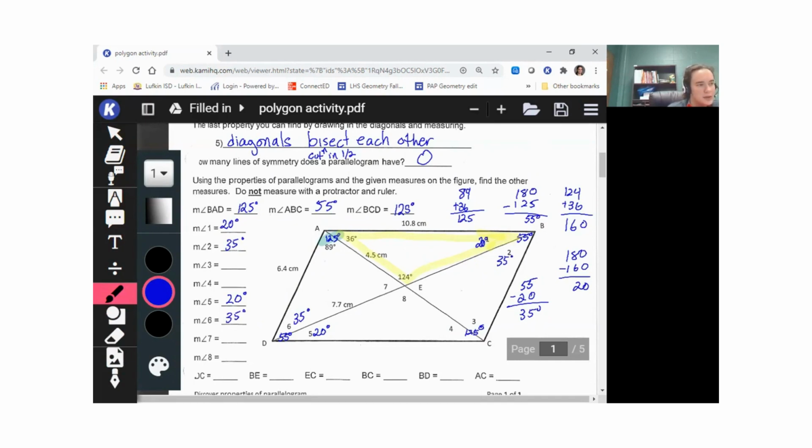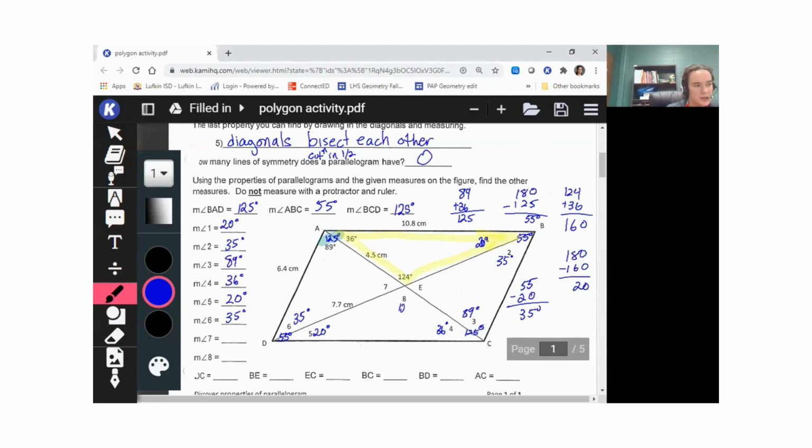Now I know angle BAE is 36 degrees, and it's an alternate interior angle with angle 4. So angle 4 is 36 degrees. And 89 degrees is alternate interior angle with angle 3. So angle 3 is also 89 degrees. Then I know that angle 8 is a vertical angle with 124.